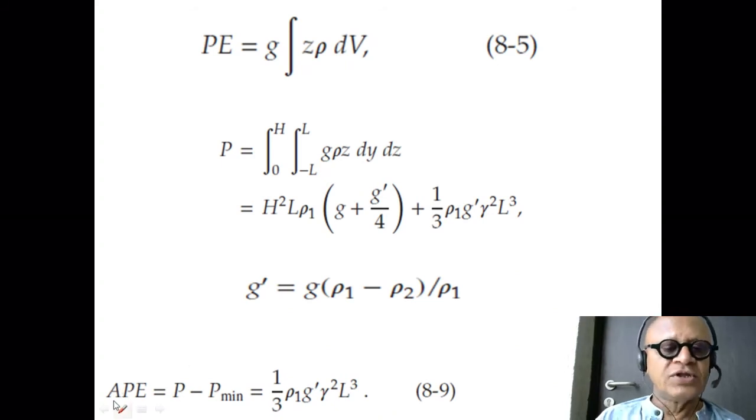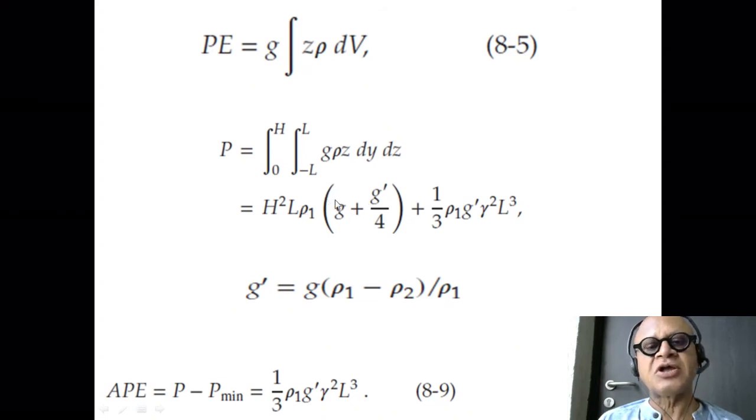So available potential energy in this case is the total minus the minimum potential energy, which I call the base potential energy. When the interface is flat, there is potential energy, but it is at its minimum. You cannot lower it anymore in this two-layer fluid system. This is the basic minimum, right?